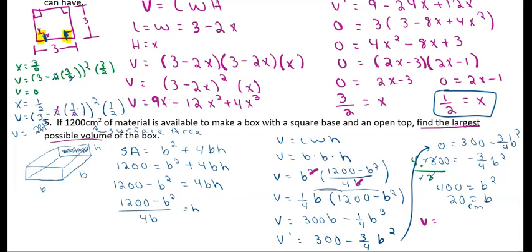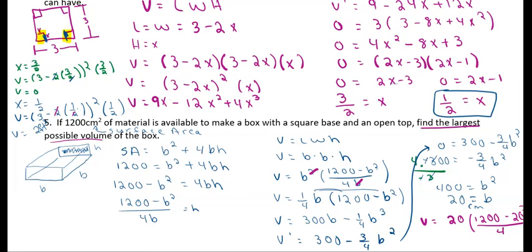We have our 20, and we have our 1200, and we have 20 again, and we have all over 4.